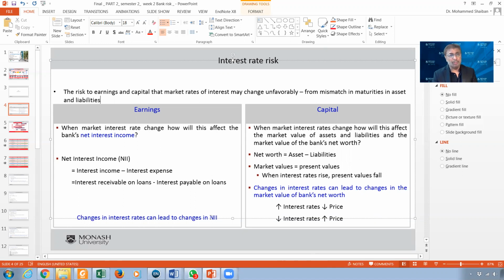Now, the impact on the capital should be very straightforward. Why?